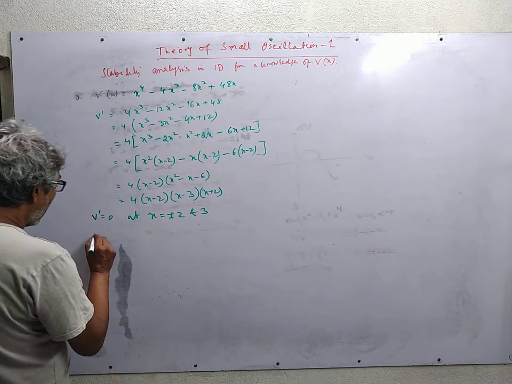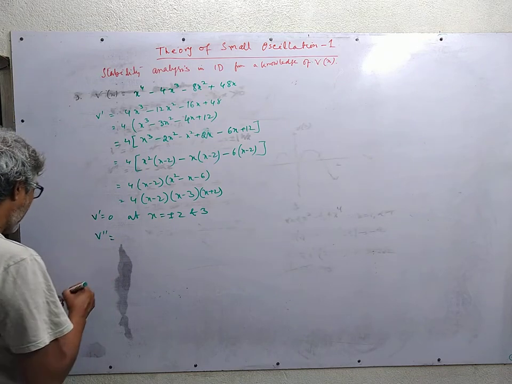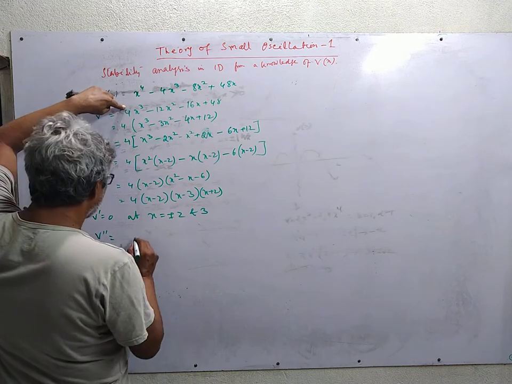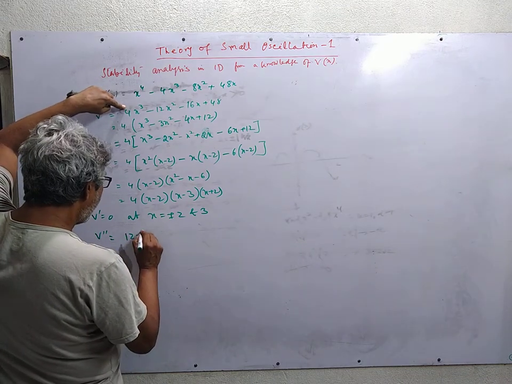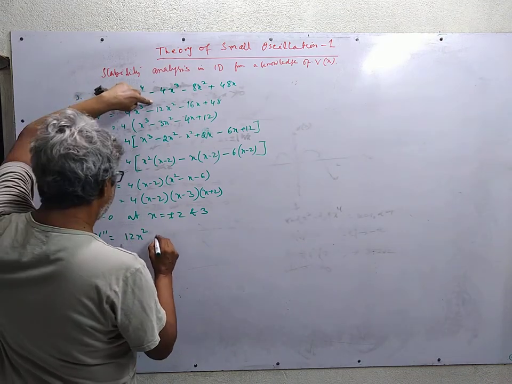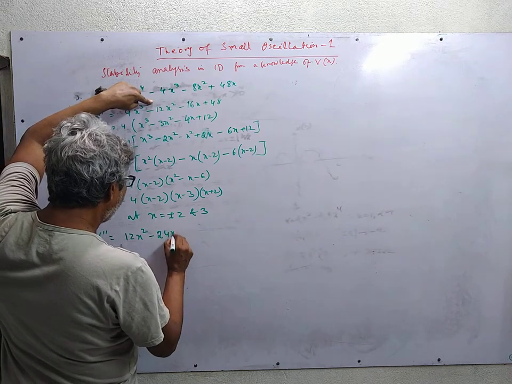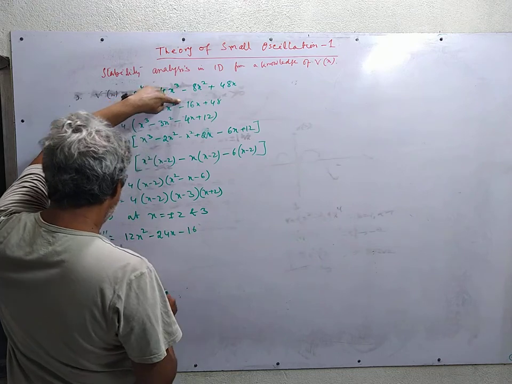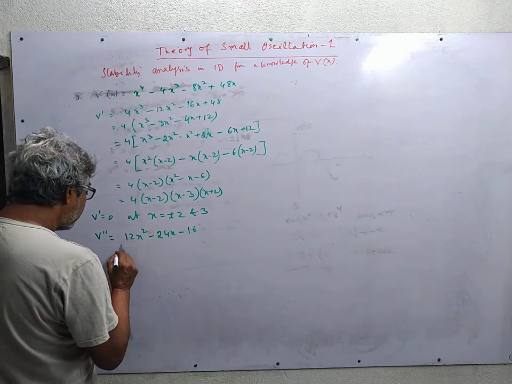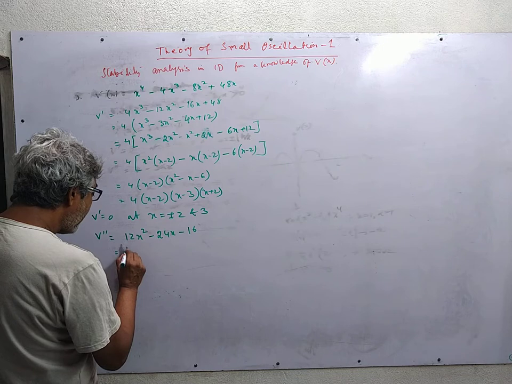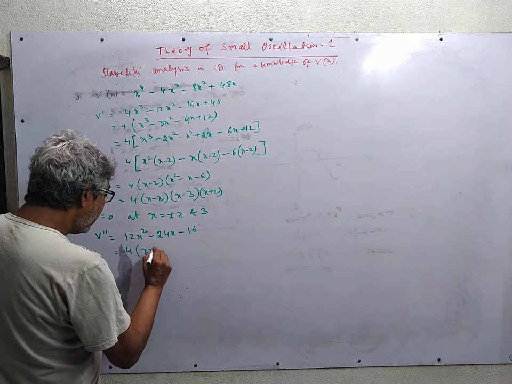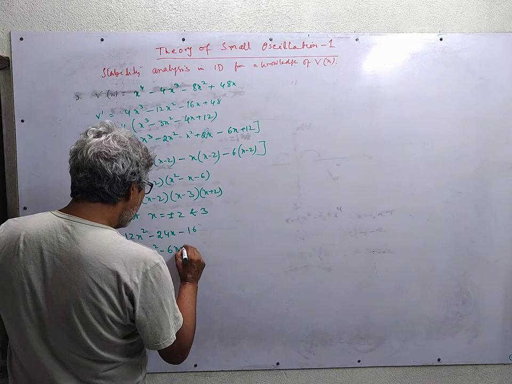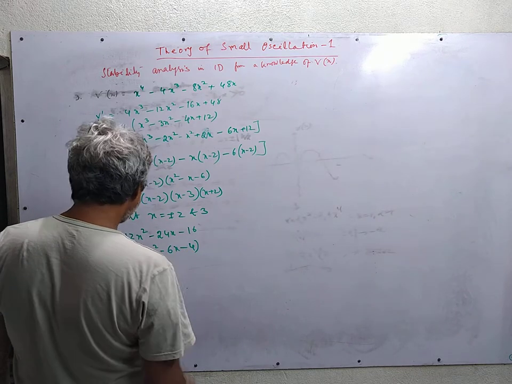Now we come to V double prime. We calculate it from here, so it is 12x square minus 24x minus 16. If we take 4 common, 3x square minus 6x minus 4.